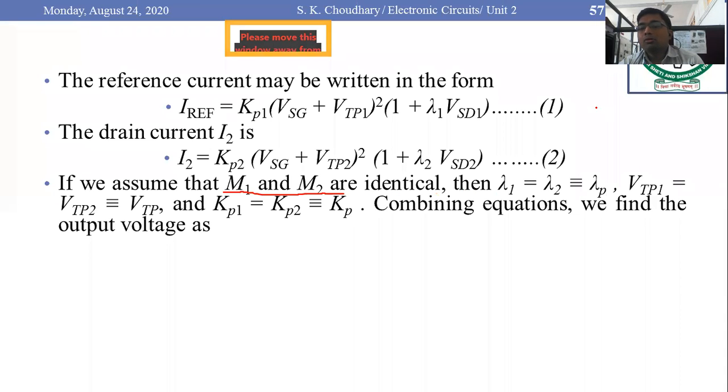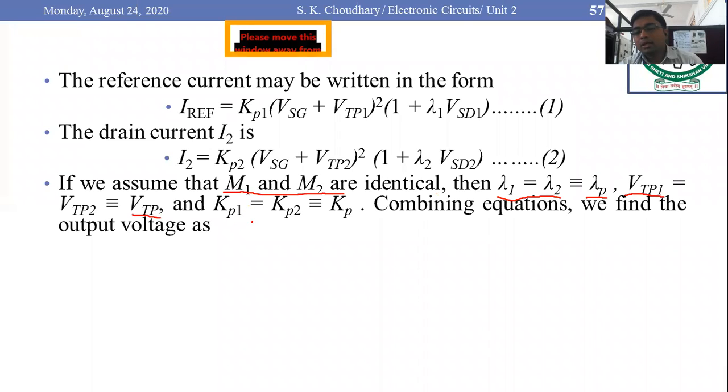If so, then lambda 1 and lambda 2 are also equal, and since it is a PMOS, it would be considered as a common parameter lambda P. Vtp1 and Vtp2 are equal, and would be designated as Vtp.